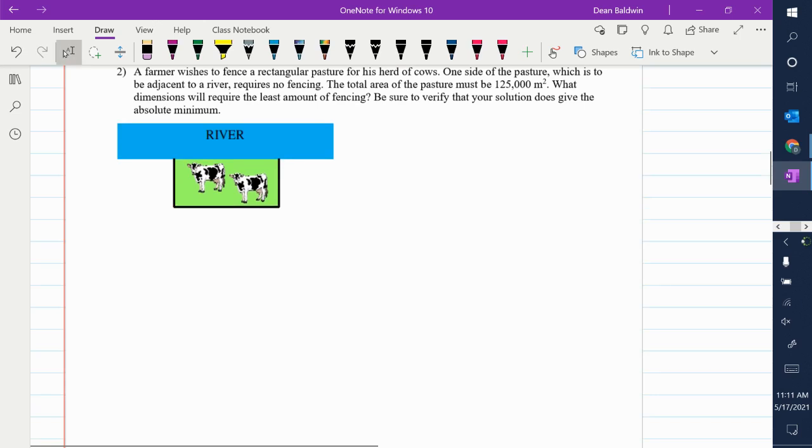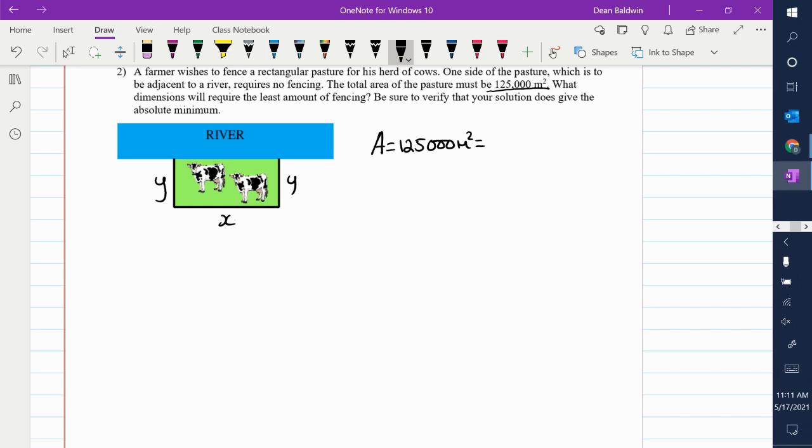So they have a nice picture here, color picture. X, Y, Y. You don't need any fencing along the river. They tell us the area is 125,000 square meters. What's the area formula for this shape?